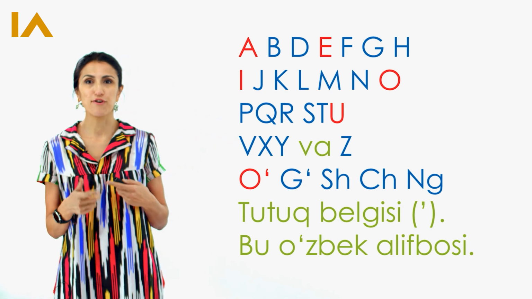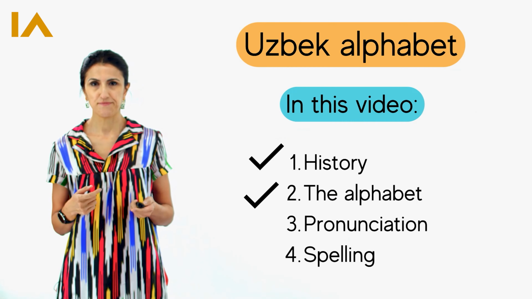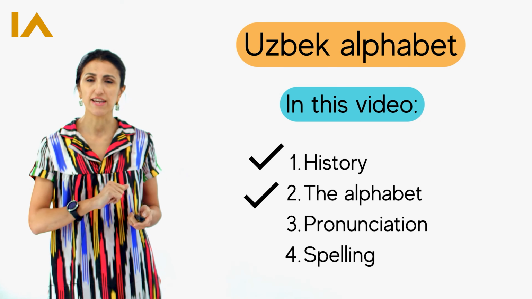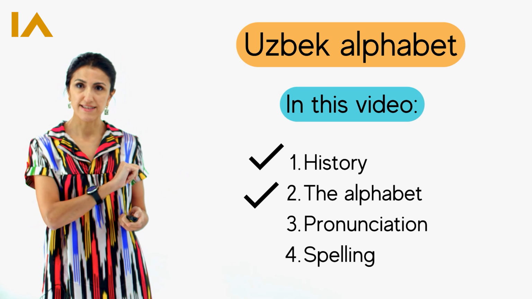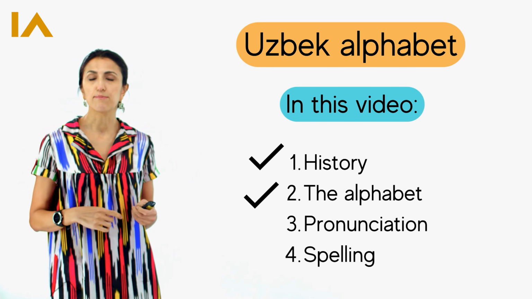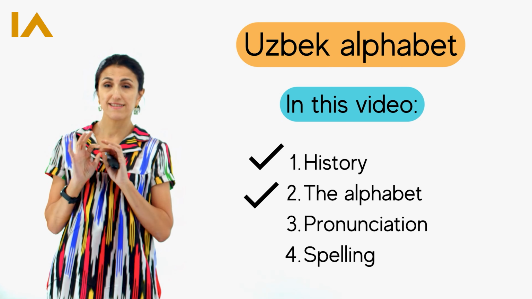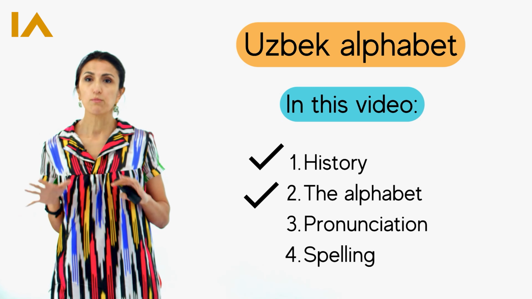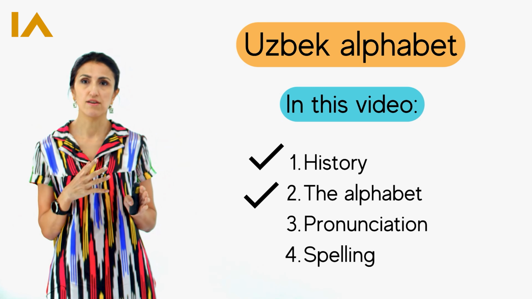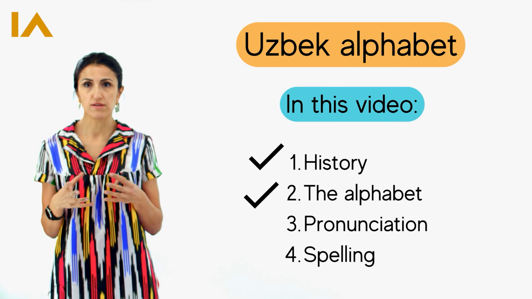Okay, and we move on to the next part. So we touched base on the history, we talked about the alphabet itself, we looked at the letters, and now I would like to highlight the pronunciation. And pronunciation probably requires a separate lesson, and we will have a separate lesson on pronunciation of separate words, phrases.